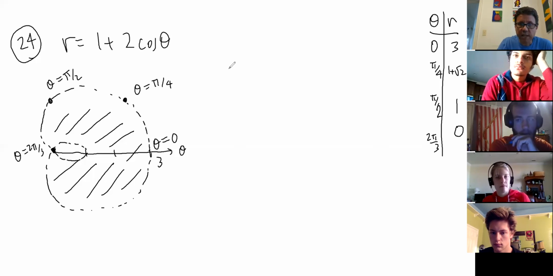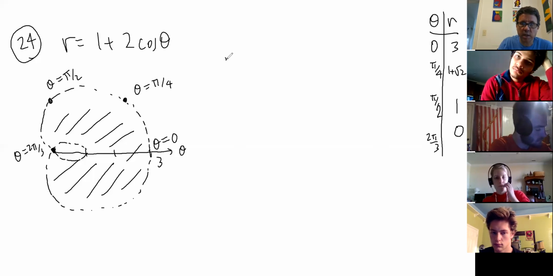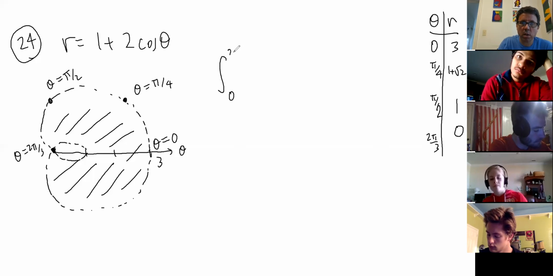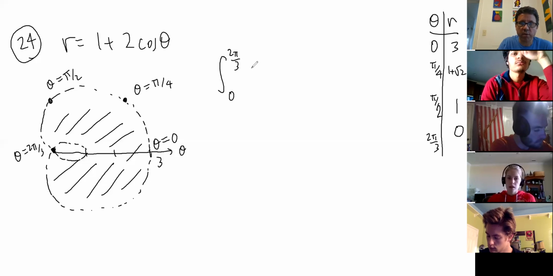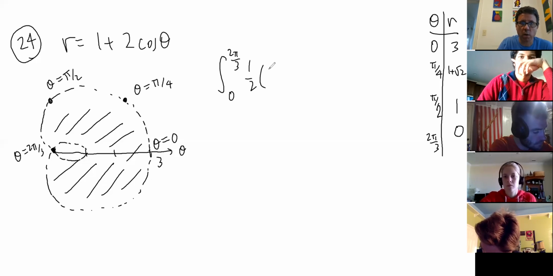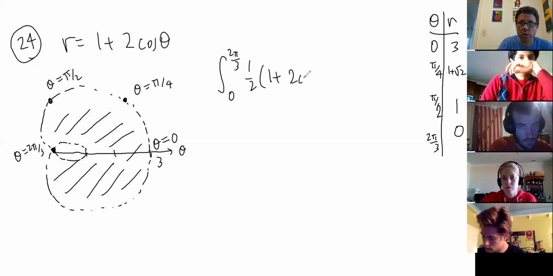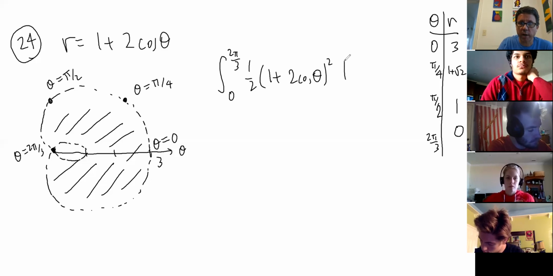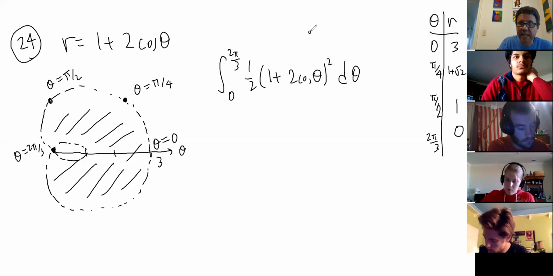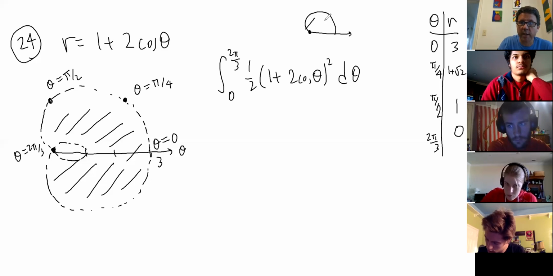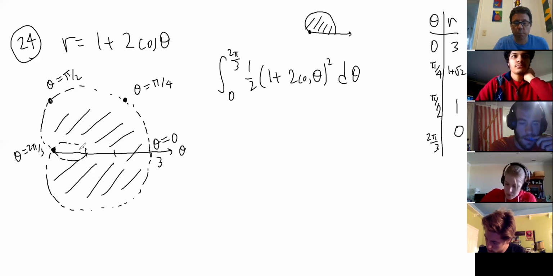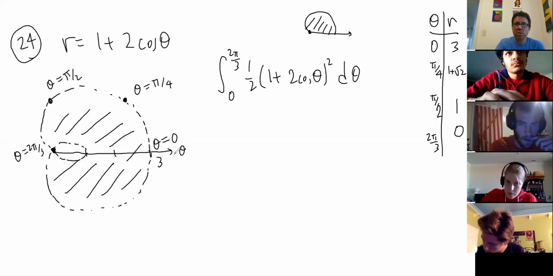So if I did this integral from 0 to 2 pi over 3 of the usual thing, 1/2 of 1 plus 2 cosine theta squared, what I really would be getting is all of that, the entire top half, including the inner part of that loop, which is clearly too big.